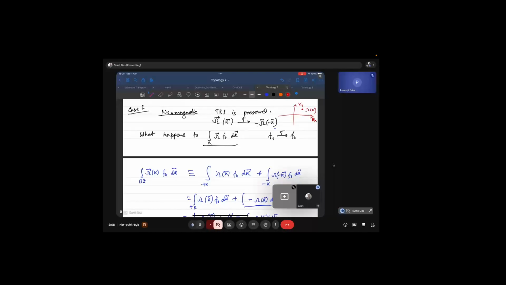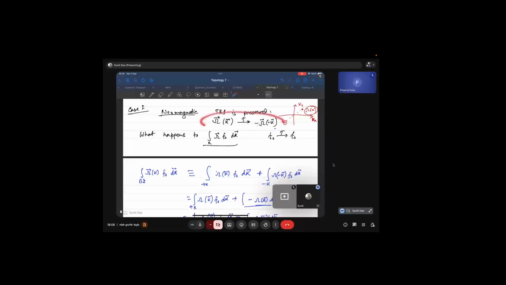Then the time reversal operator will make it minus k, and the Berry curvature at this point is going to be the negative of this value. So the value picks up a negative sign, as well as the momentum point, of course, going from here to here as we operate time reversal symmetry.